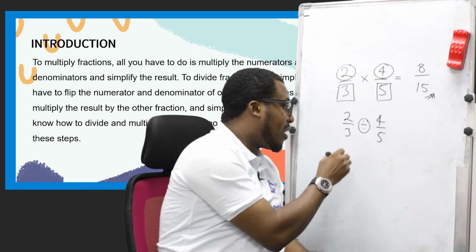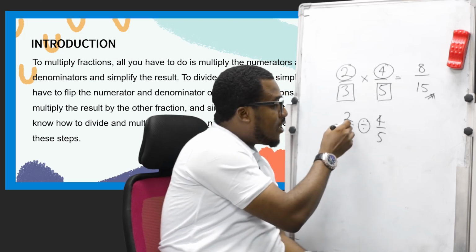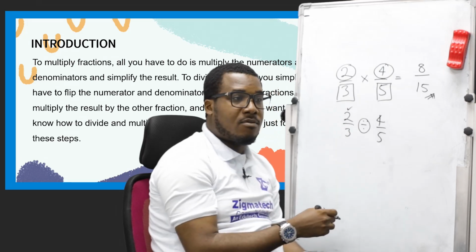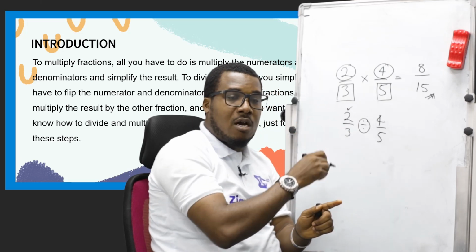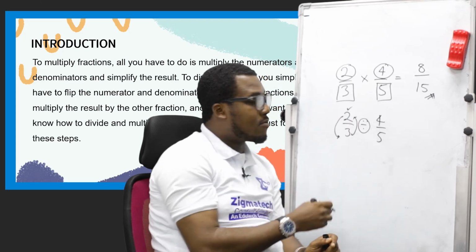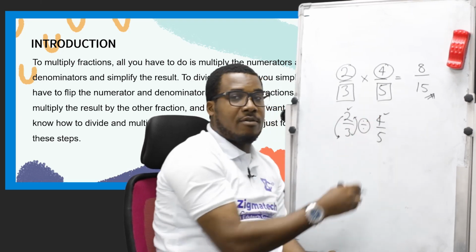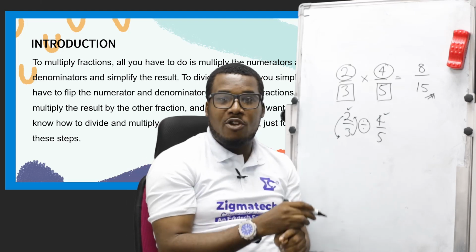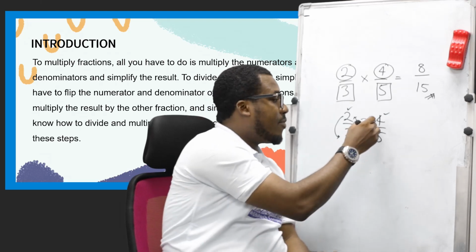You must change the sign. You can either change this group over here, flipping the numerator, the 2 will come down and the 3 will go up. Or you can change this group over here. Same thing, flipping the numerator and the denominator.